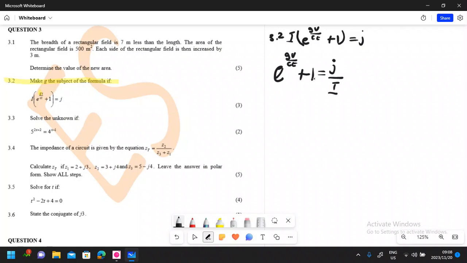Then from here we can take this one to the other side, transpose it, so we're left with only GV over CT, and then we have J.